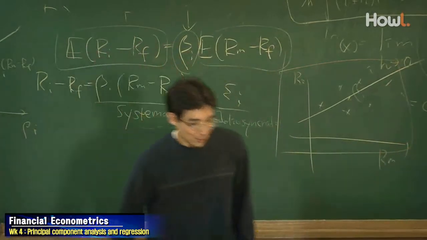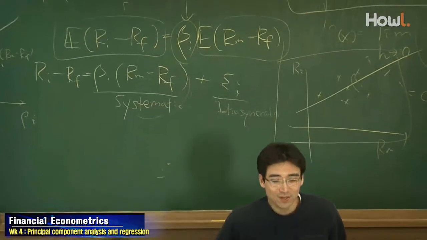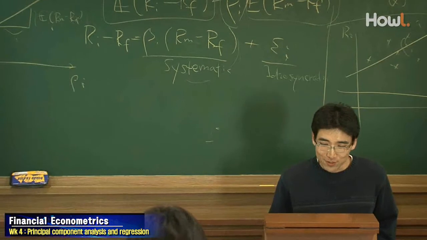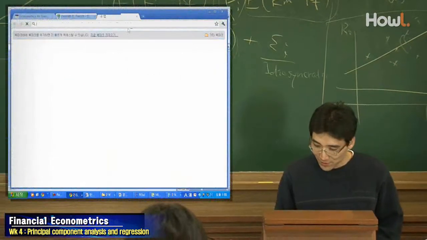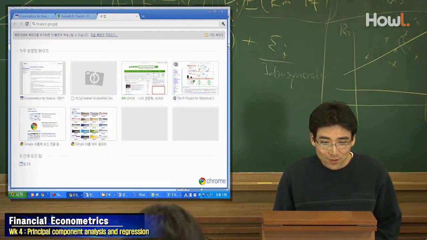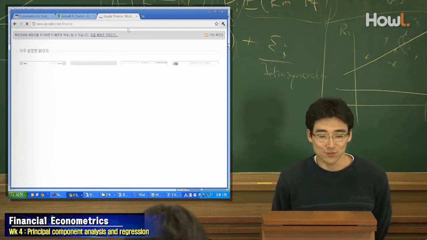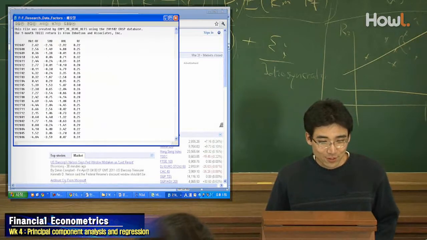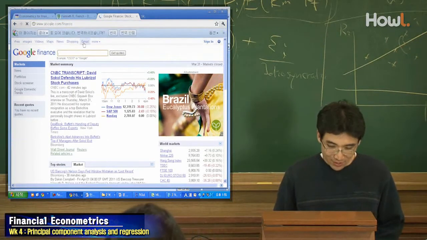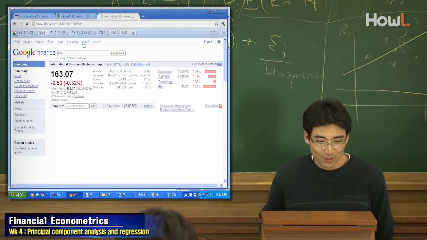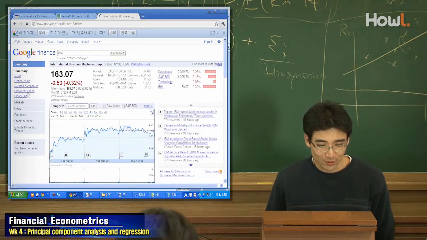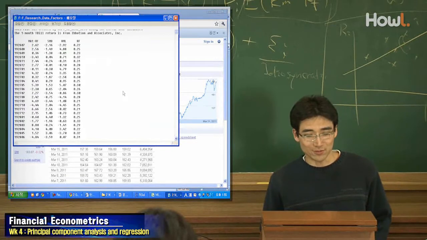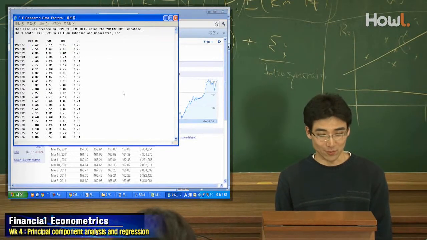Estimate beta. In finance.google.com, you can download asset returns. Let's take IBM data. You can get the historical prices of IBM, so you can calculate the return of IBM over time, right?